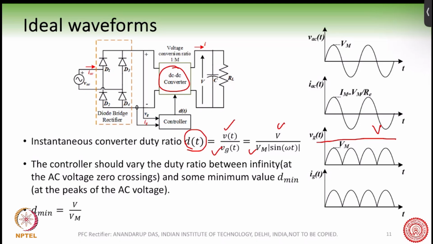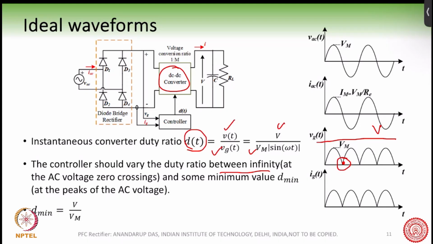The controller should vary the duty ratio up to infinity at the zero voltage. When this voltage is close to zero, the duty ratio should be very, very high, because we are basically boosting a lot of voltage when the input voltage is small.